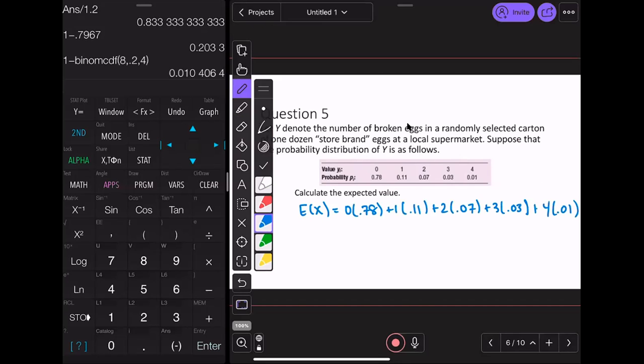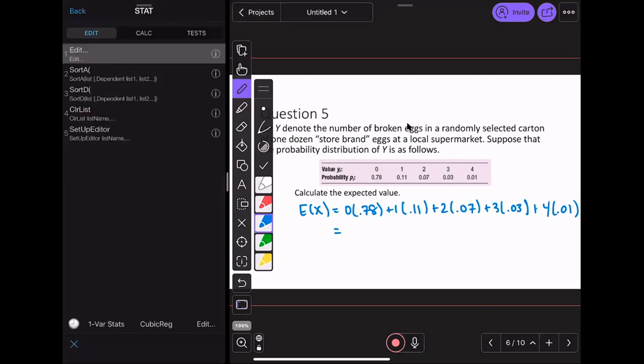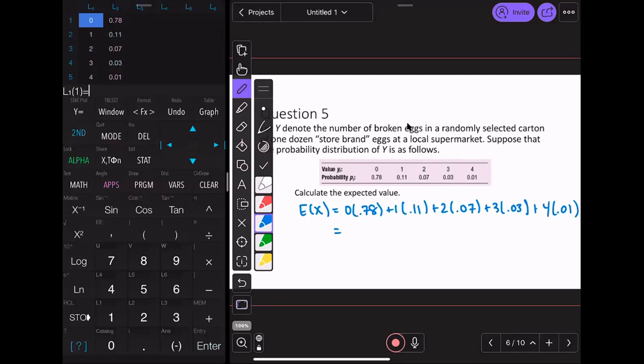Okay, so that's what you're doing, but there is a way that you could put it in your calculator if you have one of these calculators. So you're going to go to Stat, Edit. Okay, as you can see, I actually already put this in there. You're going to put the top row into list 1, and then you're going to put the probability into list 2, like I've done here.